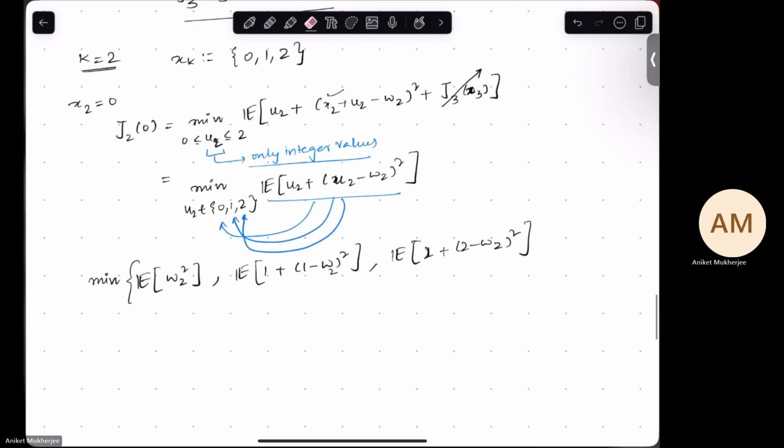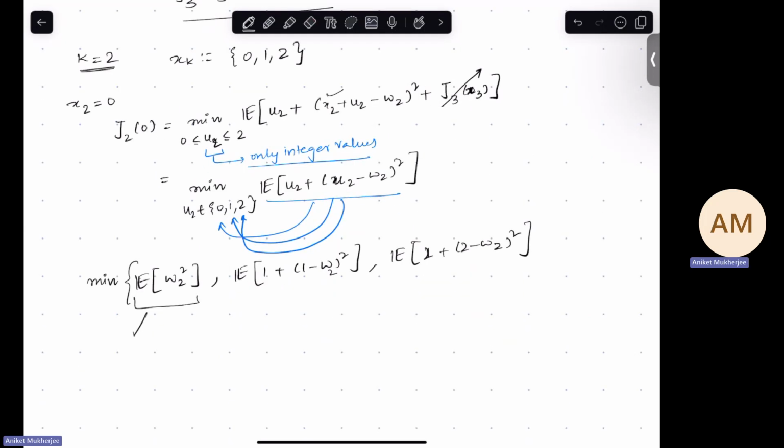Okay, we'll first calculate this. This is basically 0 into 0.1 plus 1 into 0.7 plus 4 into 0.2. That will give you 0.1 plus 0.7 plus 0.8, 1.6.